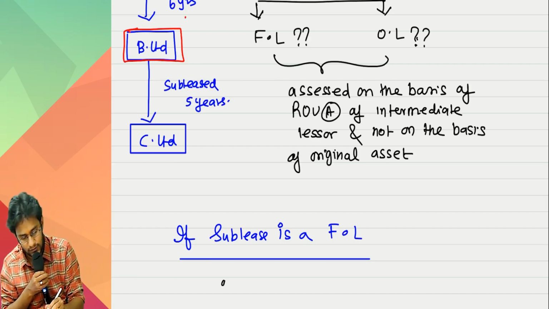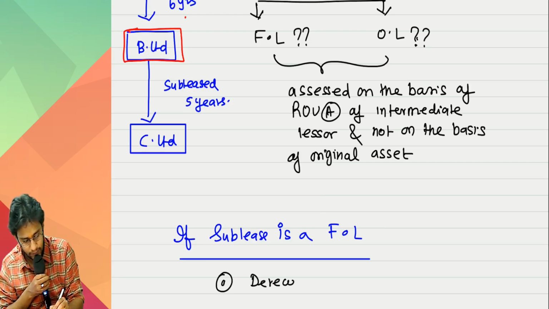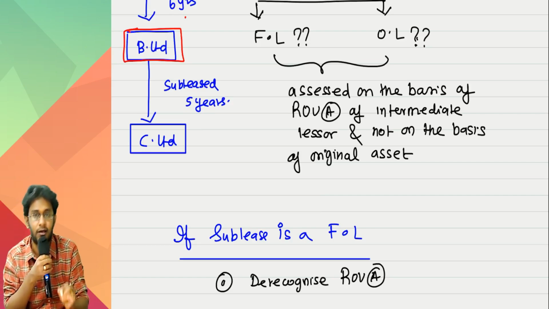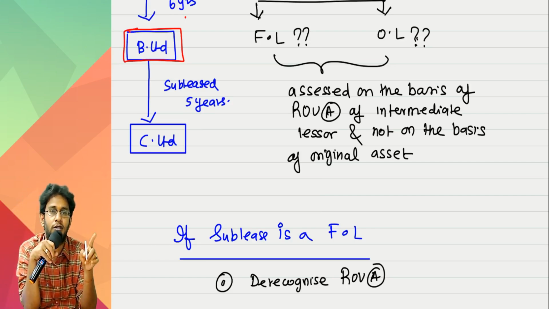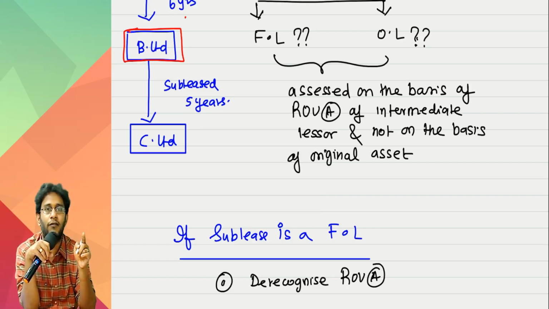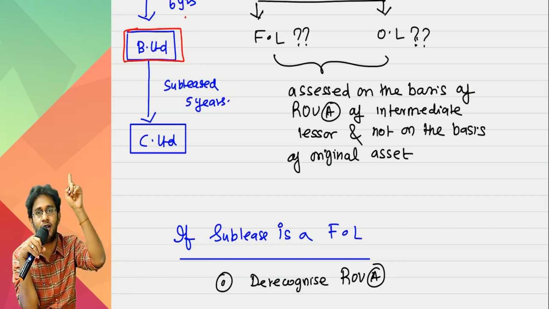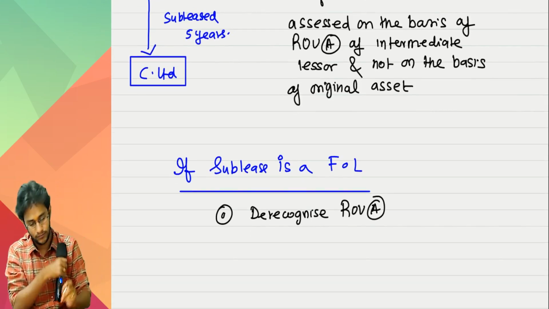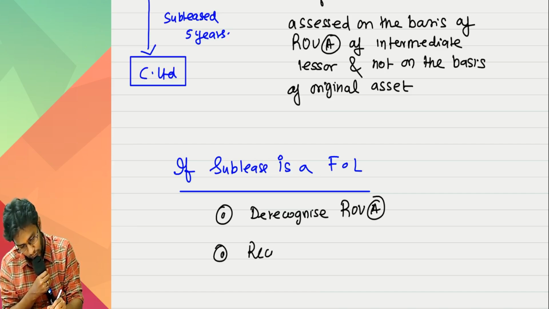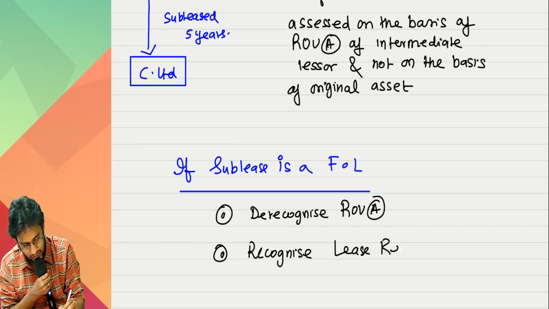So you have to do two things. De-recognize the ROU asset. Careful, sir, careful. You are de-recognizing only the ROU asset, not the lease liability. You still have obligation to pay the lease payments to original lessor A Limited. Asset is one point. And recognize lease receivables.